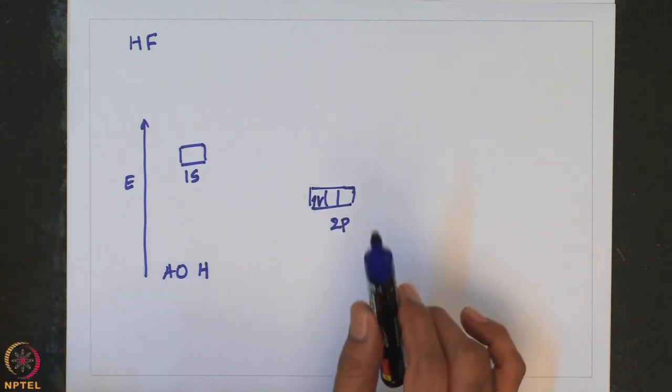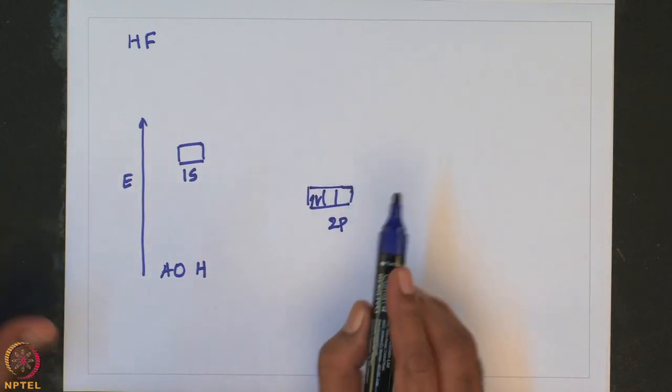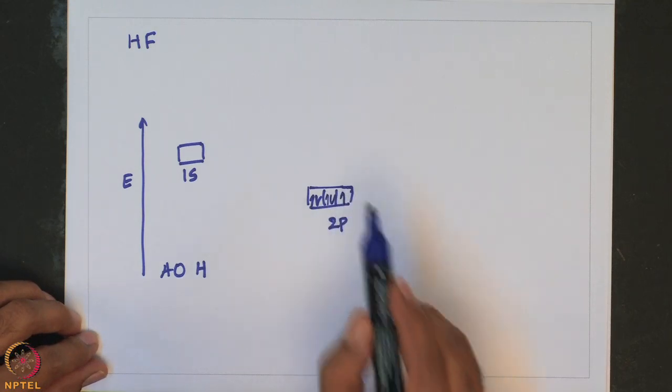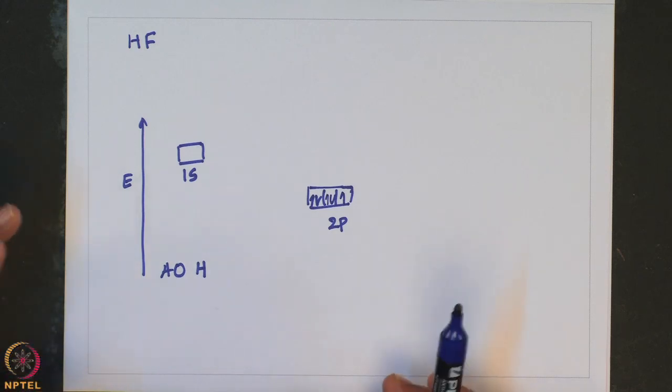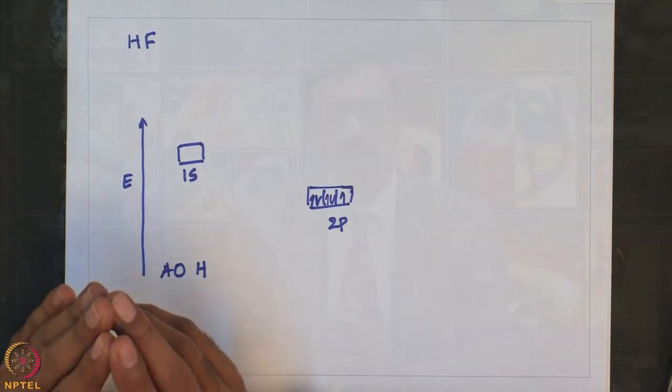Okay, the electronic configuration of fluorine is 1s2, 2s2, 2p5. So, it is in need of 1 electron to complete its octet. So, it combines now. When it combines, it generates, 3 plus 1, 4 atomic orbitals combined to generate 4 molecular orbitals. Out of this, one is bonding here.